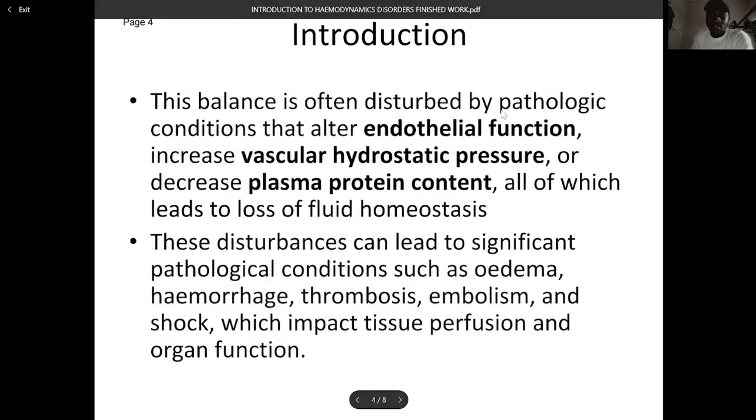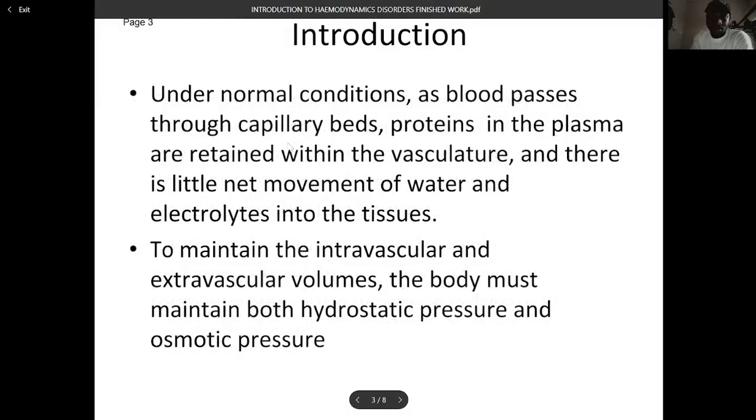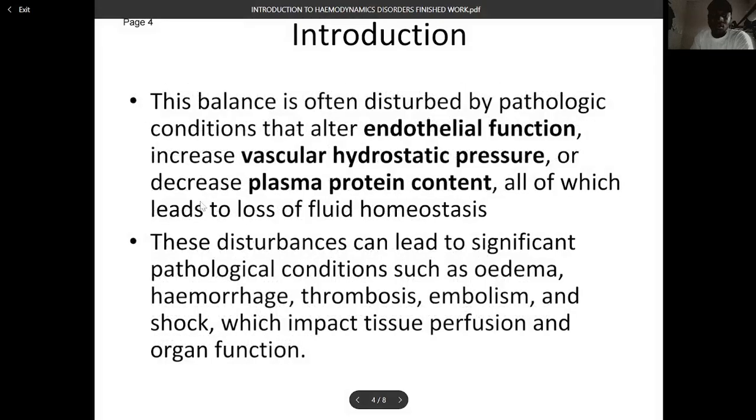What this page is saying is when there's a disturbance in the balance between hydrostatic pressure and oncotic pressure, it could lead to pathologic conditions, right?